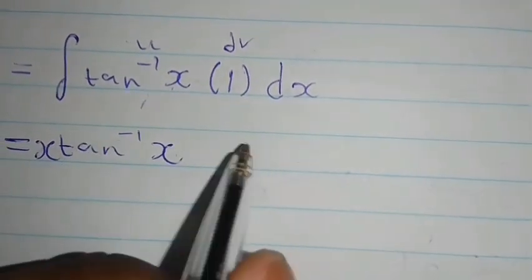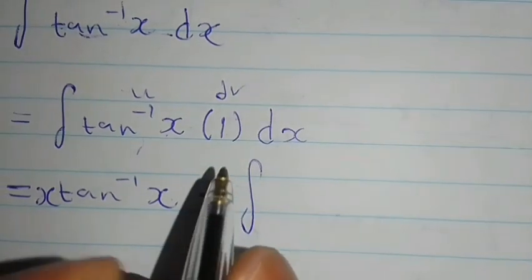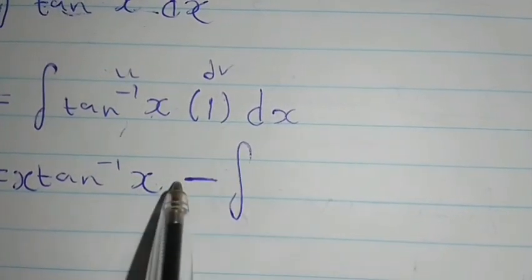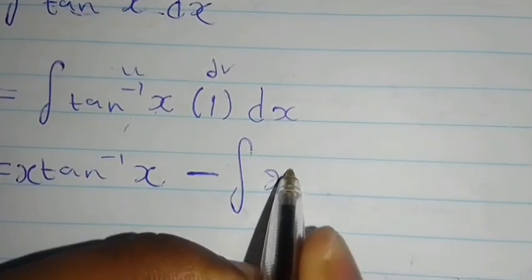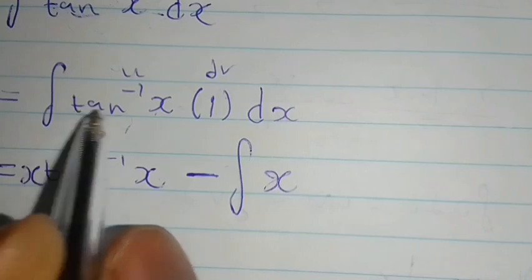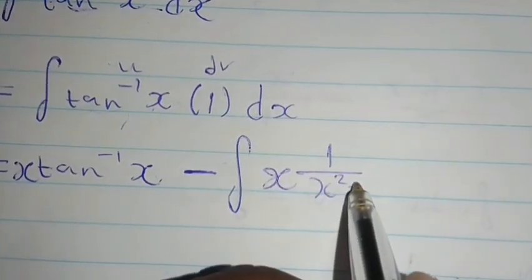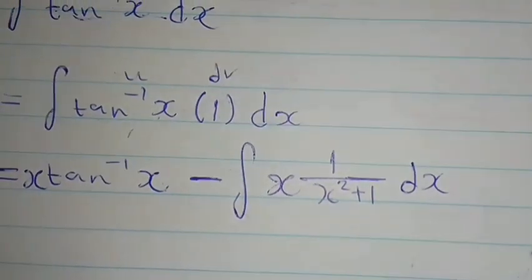So then you subtract the integral of v, in this case it's x, and now you differentiate arctan x. You're gonna have 1 over x squared plus 1 dx.